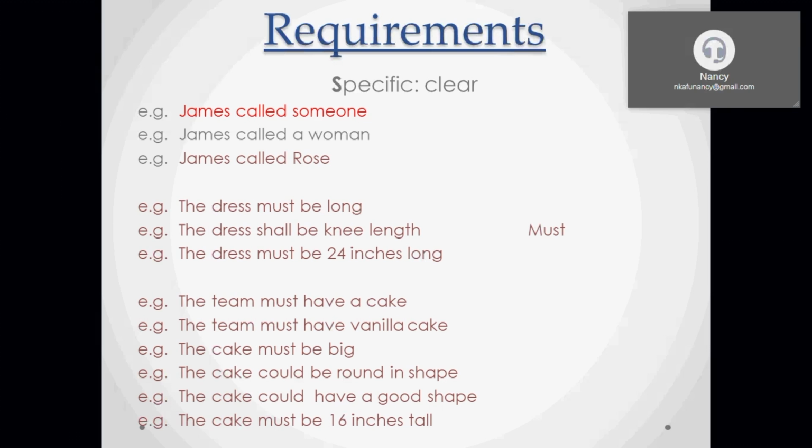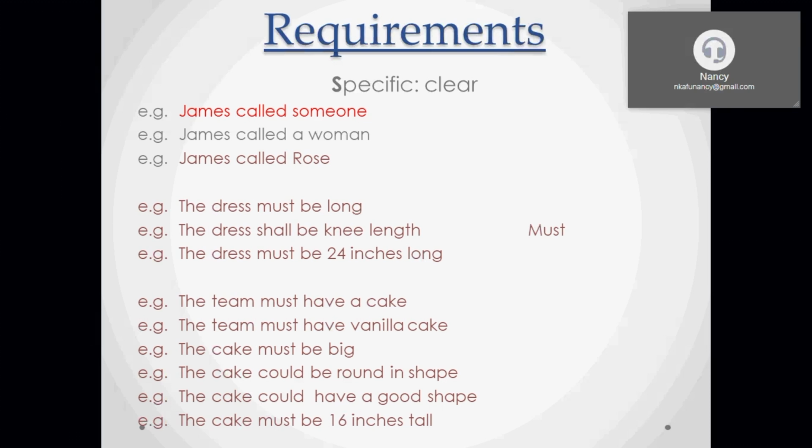Because if I say cake, the baker may decide to do maybe strawberry or velvet cake or another taste. So I have to be specific about the type of cake that I want. It has to be, the team must have vanilla cake. So that means if the baker brings strawberry or velvet or chocolate cake, it's not right. It's not according to my specification.